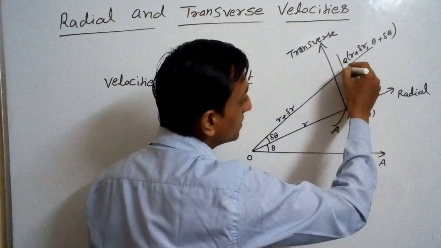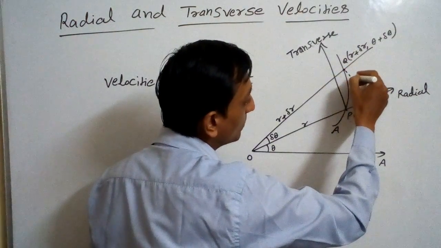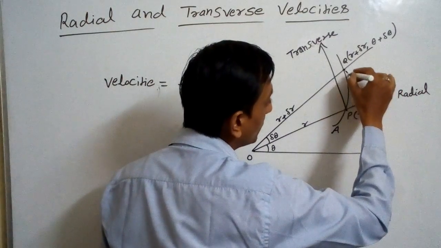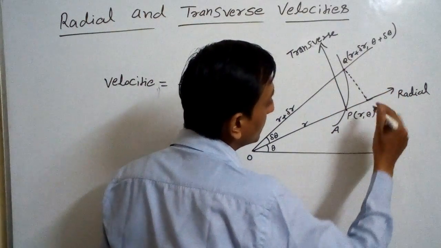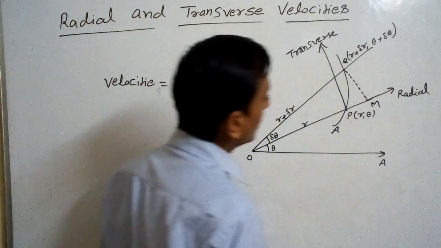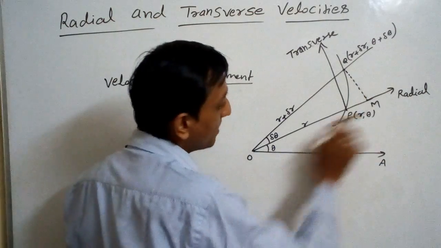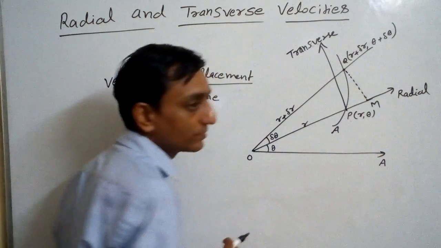So first we draw a perpendicular from point Q to the radial direction OP, and this foot is M. Now the final position on the radial direction is OM and the initial position is OP.